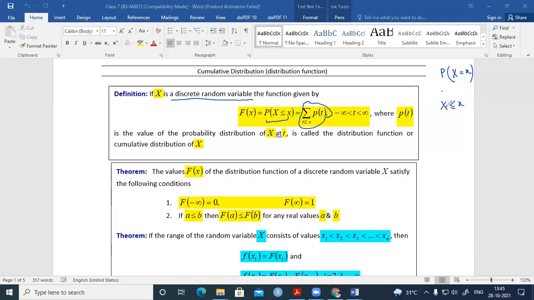It doesn't mean that capital X will take any value lesser than x. It will take values which are less than or equal to x, but those values have to be discrete values. Explicitly, it is defined in the following manner. We consider another variable t, and this t will take discrete points lesser than x. For each case, we substitute these t's over here, and respective probabilities will be calculated and summed up sequentially to get the distribution function F(x).